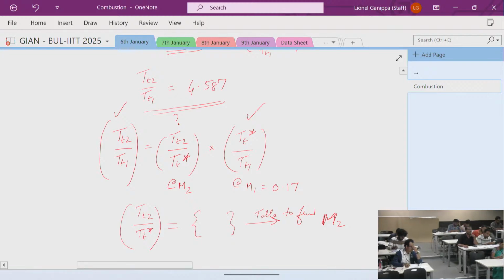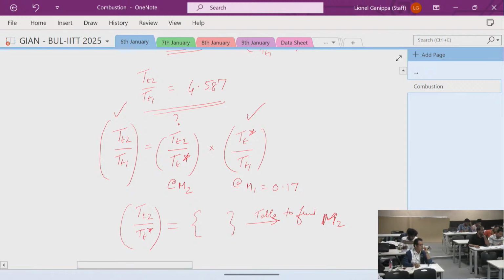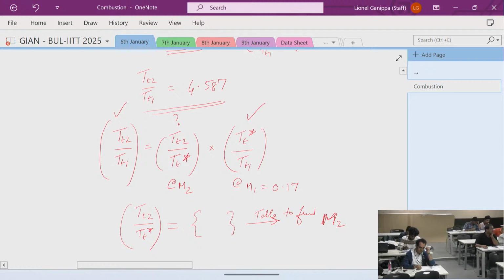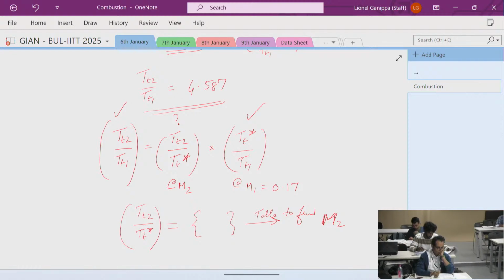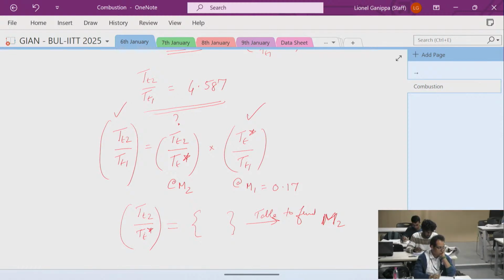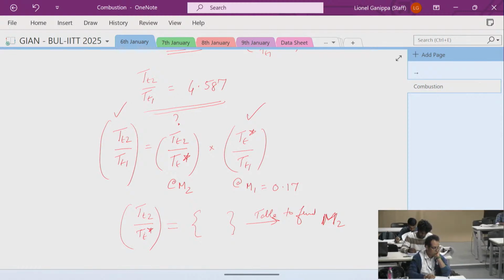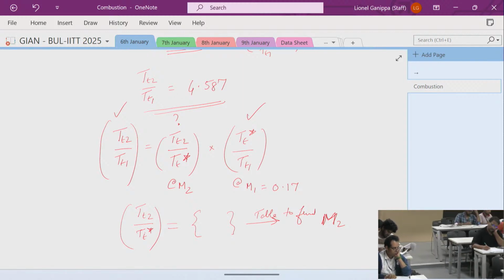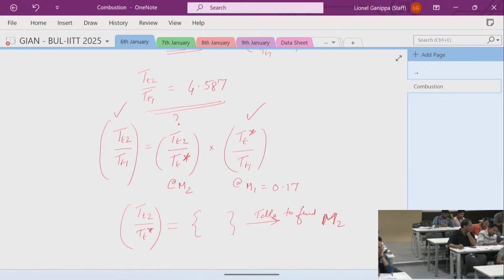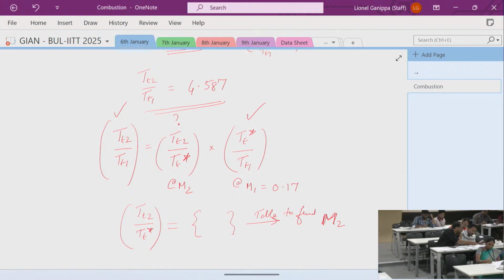So what is this value? What is TT2 by TT star?